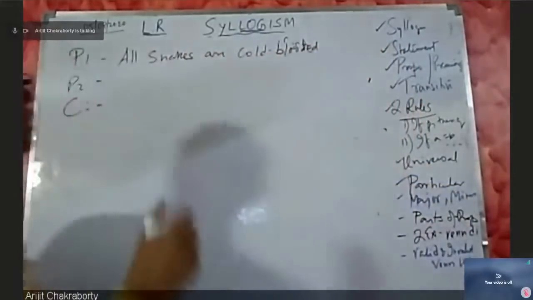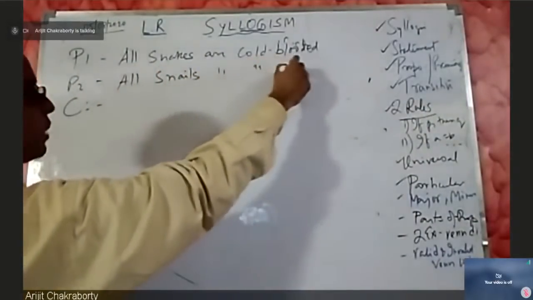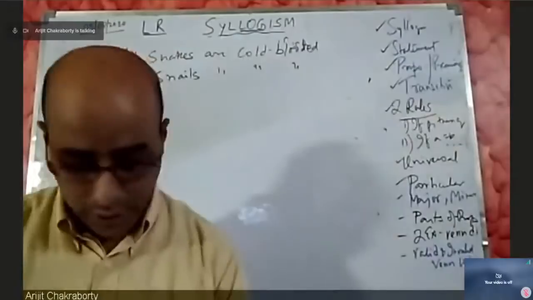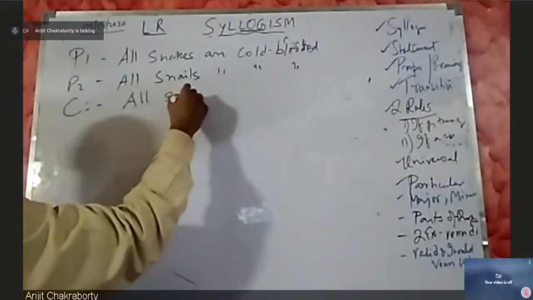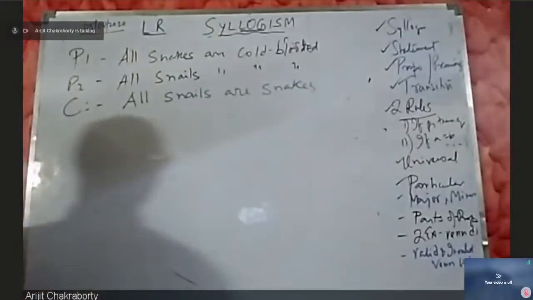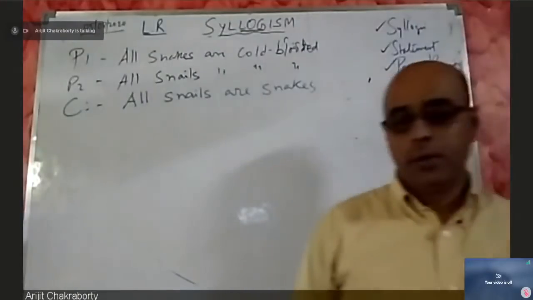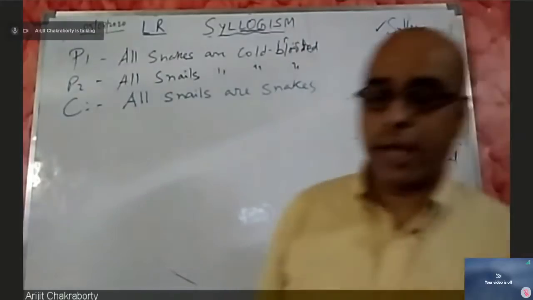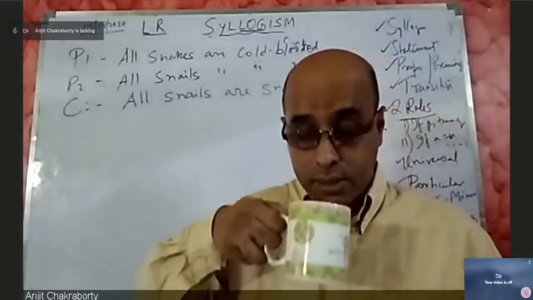So the conclusion we are drawing is all snails are snakes. Is it correct? Please check. So all snakes are cold-blooded, all snails are cold-blooded. So can we jump to the conclusion that all snails are snakes?